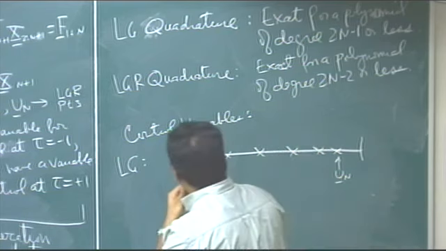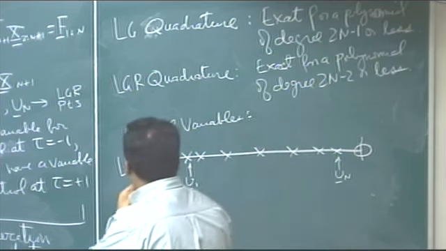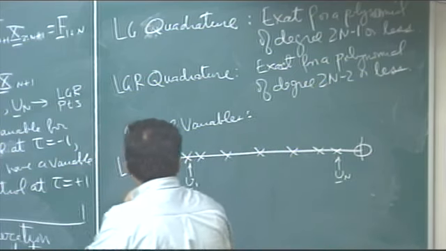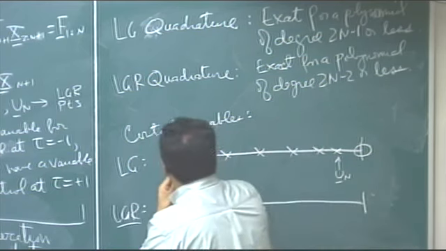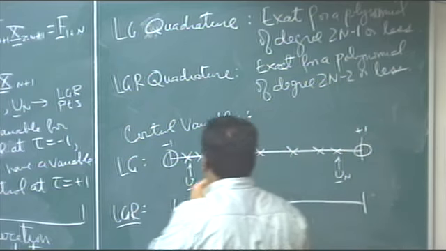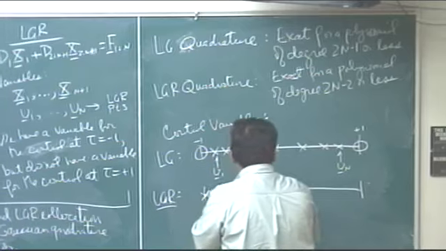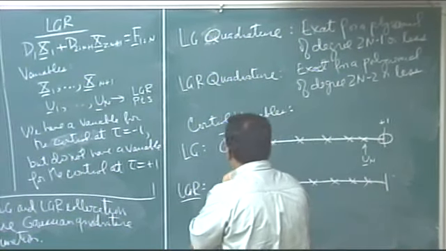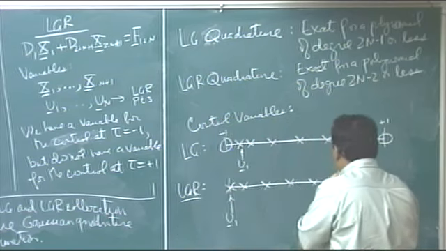So there's no control here, and there's no control there. In the case of LGR, we have this added benefit that I get the approximation of the control. This is -1, and this is +1. I get the control at the initial point, and then I get the control at all these LGR points, whatever they happen to be. This is U1, and this is UN.